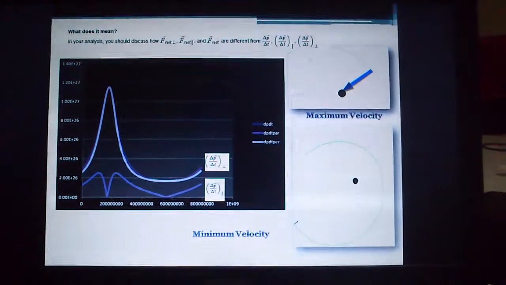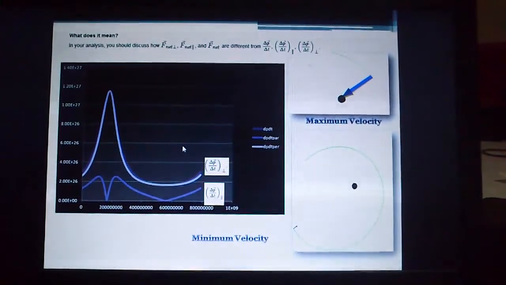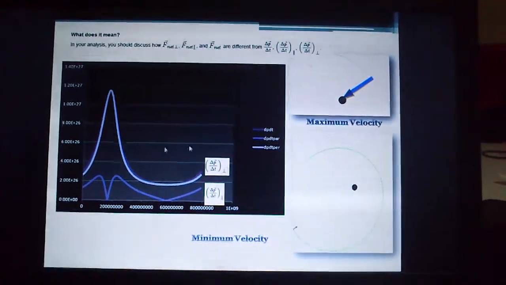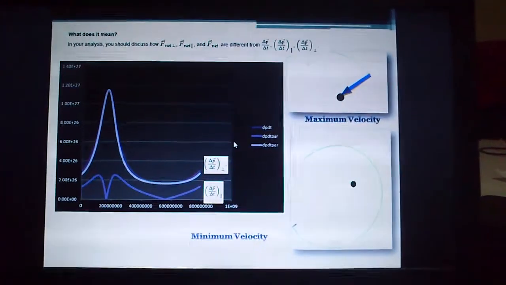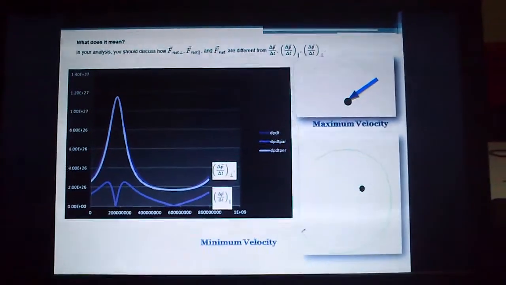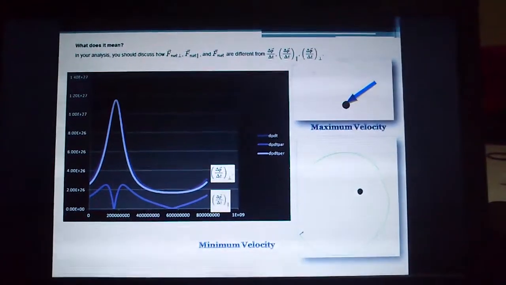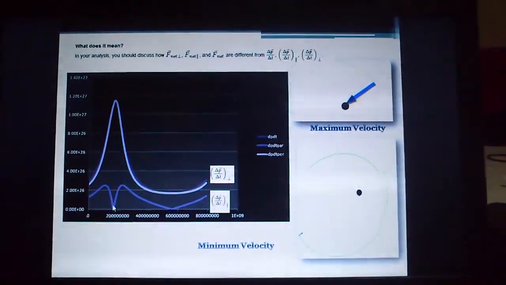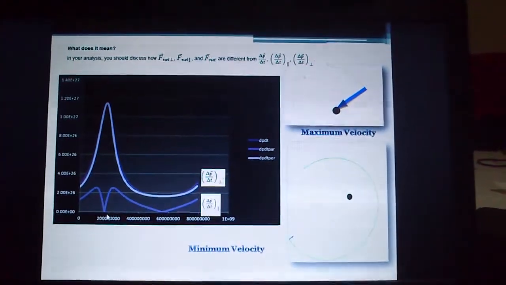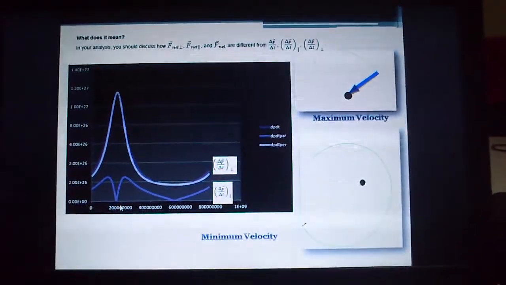We can see the changes in velocity in the graph that is shown, a graph of momentum versus time. We can see that the parallel momentum is 0 because the trajectory in this part is nearly equal to the circumference. So in this case, we know that it's changing just the direction.